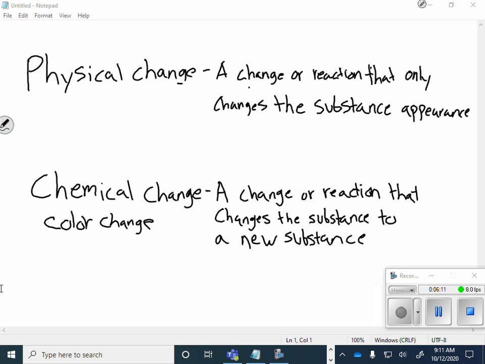Another one, if you produce a gas. So if you do something and it creates a gas, most of the time you are making a chemical reaction occur. An exception to that is boiling things. If you boil water and it turns to steam, that's a physical change, not a chemical change. So there are exceptions to these, but these are pretty good indicators.